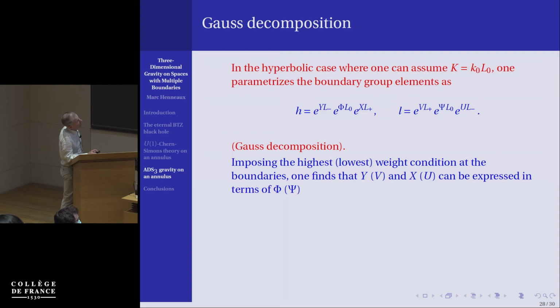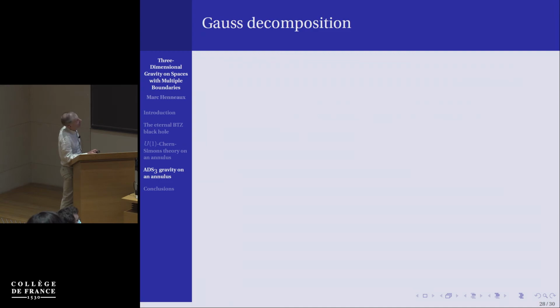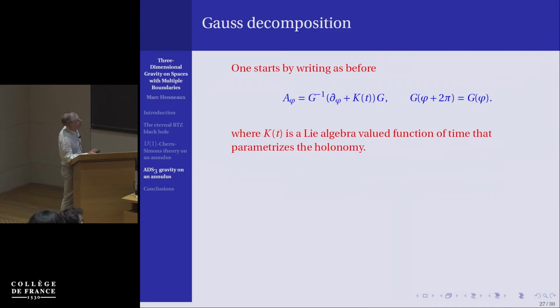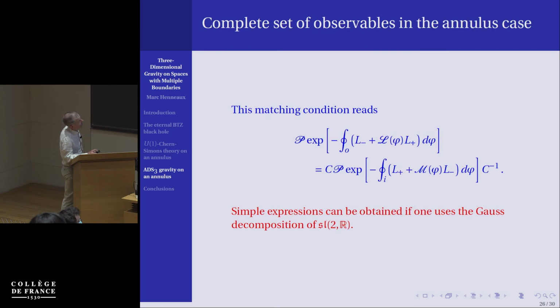And then you impose the condition that A_phi should take the form I wrote, the form which is here at the boundary.